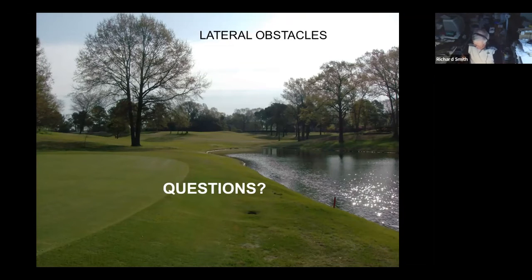Yeah, if you're looking at the essentially, so what we're talking about here is not actually penalty area, but it's maybe out of bounds or just been undefined, so it's extreme rough, where stroke and distance would apply. Is that what we're talking about?